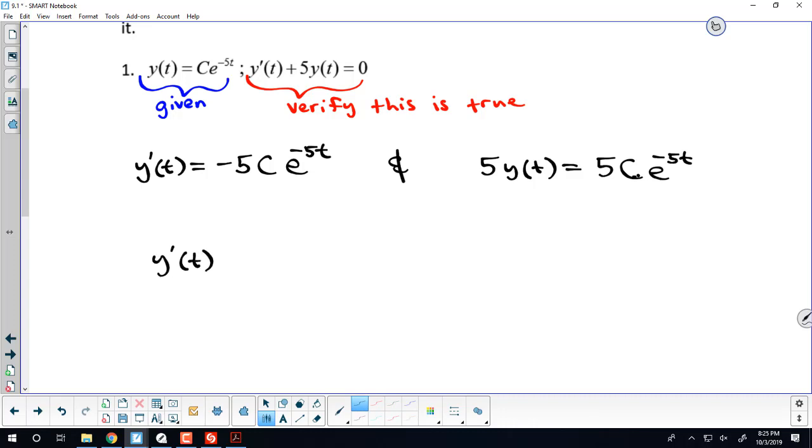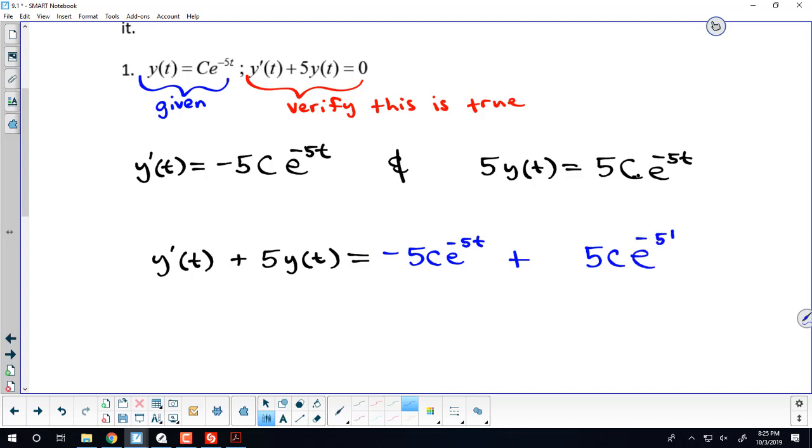So y prime of t plus 5y of t is negative 5c times e to the negative 5t plus this 5c e to the negative 5t.